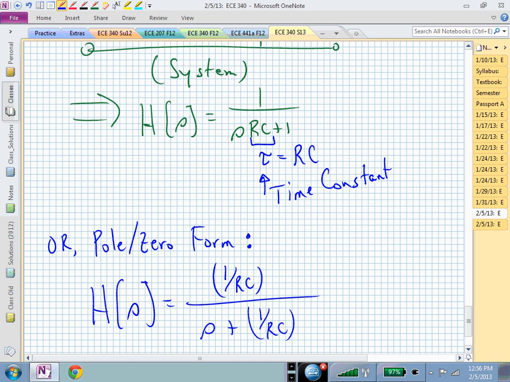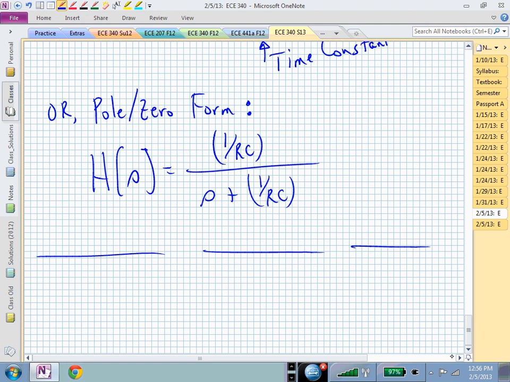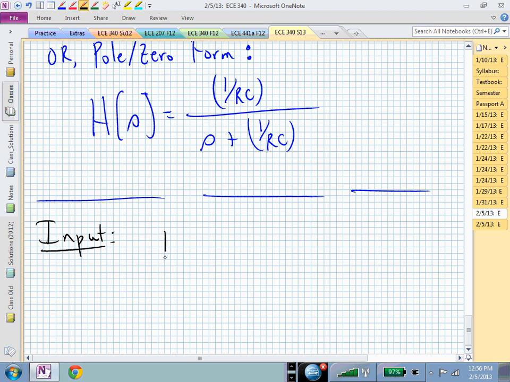That's our system, and now let's say that we want to excite that system, or pass through that system, an input, and we said that that input was going to be a pulse. And let's just say that that pulse has an amplitude of 1 and a time duration of 3 units of time.